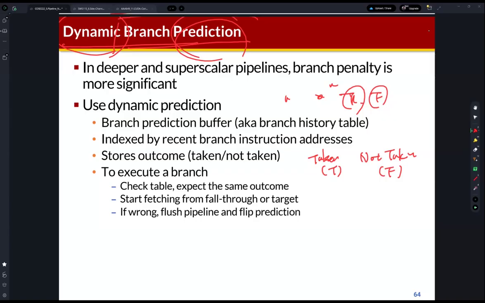It's just a prediction result, but we can get the result of a branch instruction earlier.